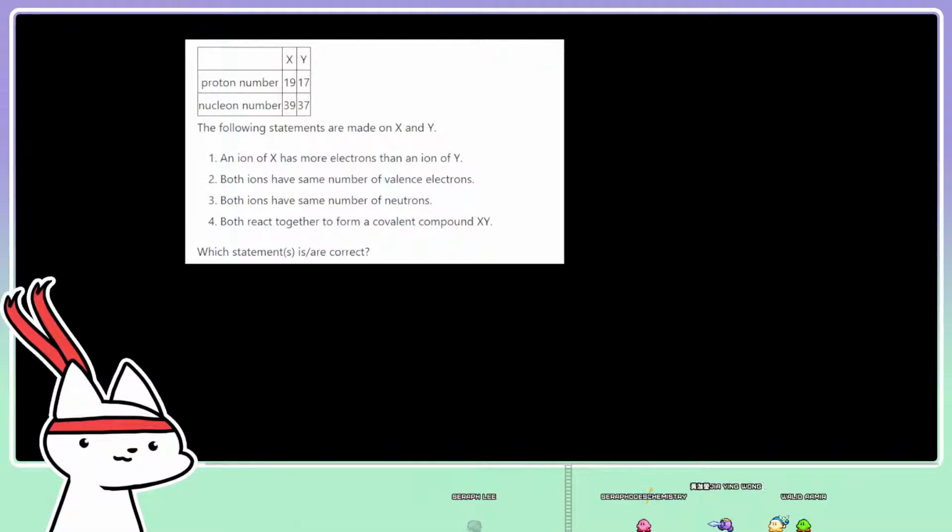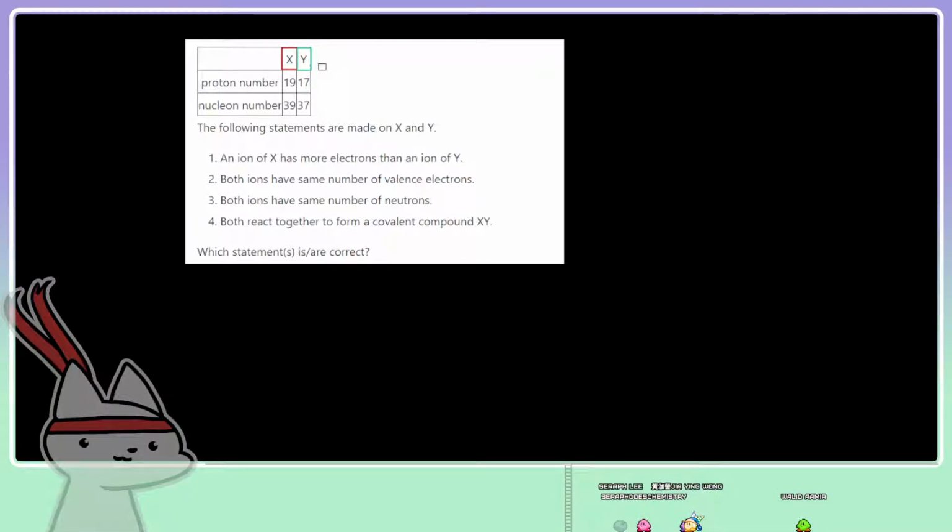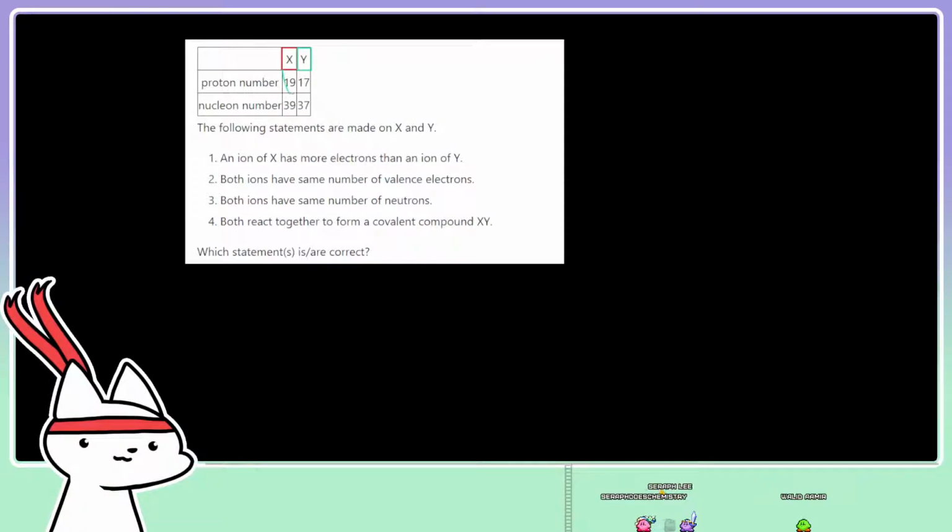Okay. So anyways, in this case, we have X and we have Y. When it comes to X, the proton number is 19. So we have to be careful on this. It says an ion of X. Now all these are atoms.